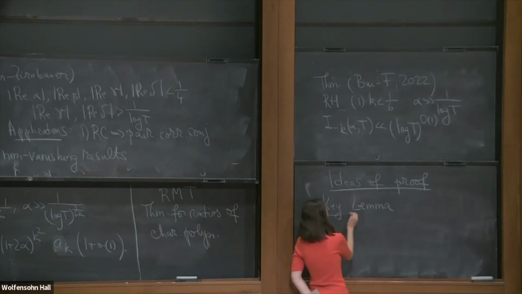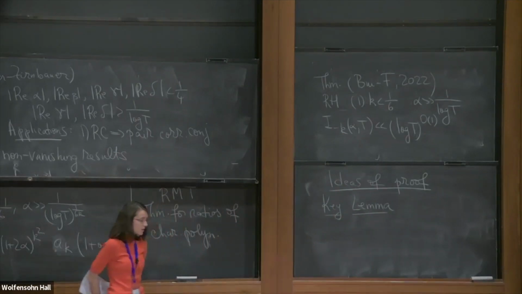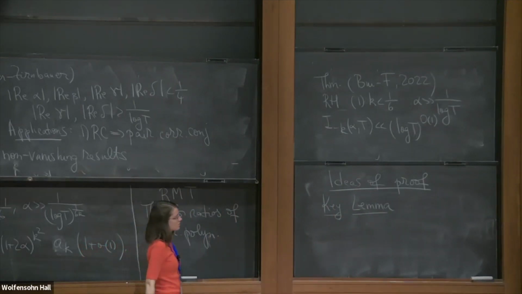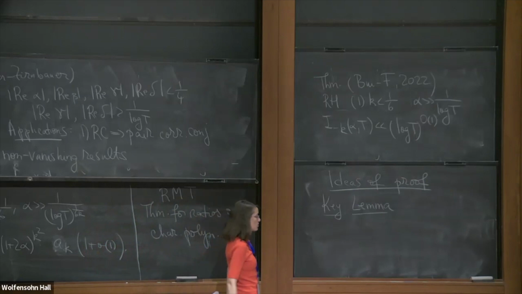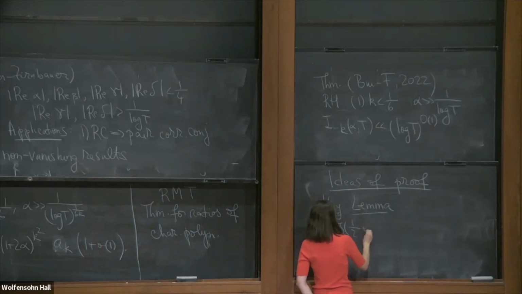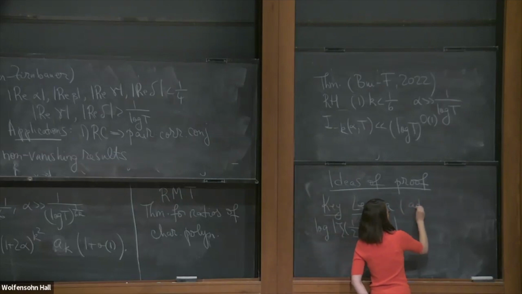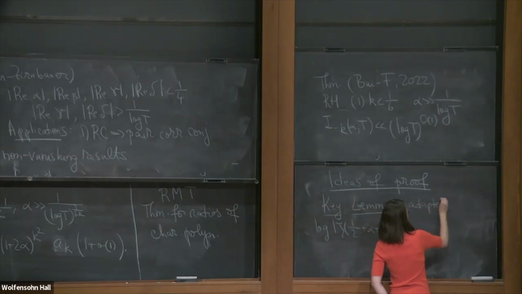As usual, when we consider upper bounds for moments, we need some inequality for log of zeta. We're considering negative moments here, so we need a lower bound for log of zeta. So we start with an inequality for log of zeta of 1/2 plus alpha plus it. This is adapted from work of Carneiro and Chandee.